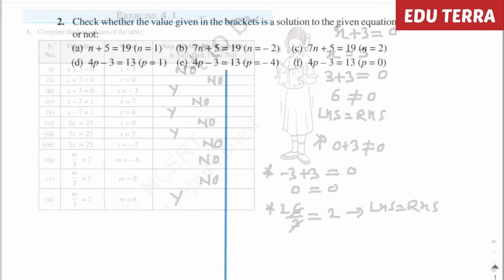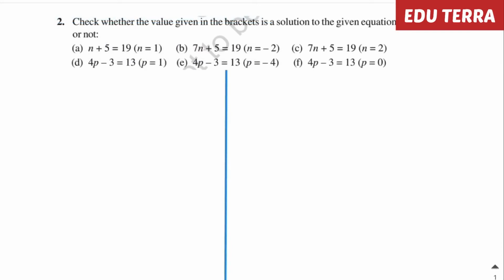Question number 2. Check whether the value given in the brackets is a solution to the given equation or not. In this question we will substitute the value of the variable given in the bracket. If LHS equal to RHS, then it is a solution, otherwise no. See, n plus 5 equal to 19.